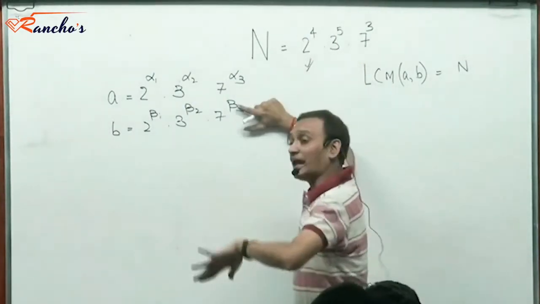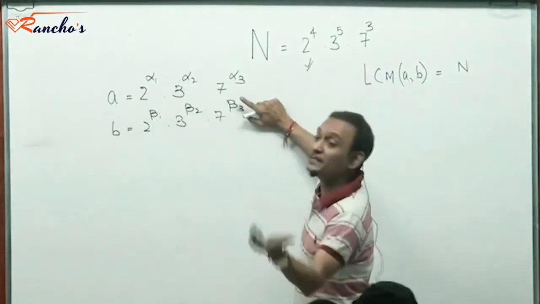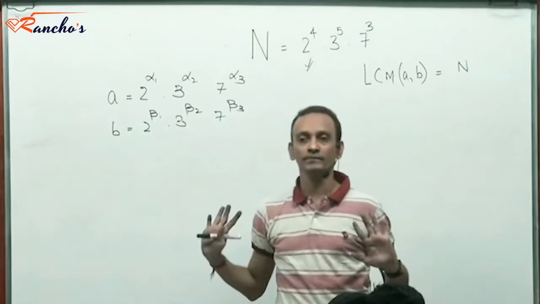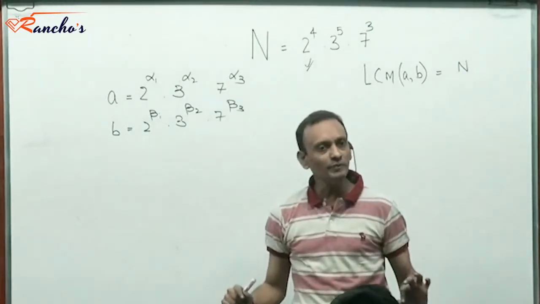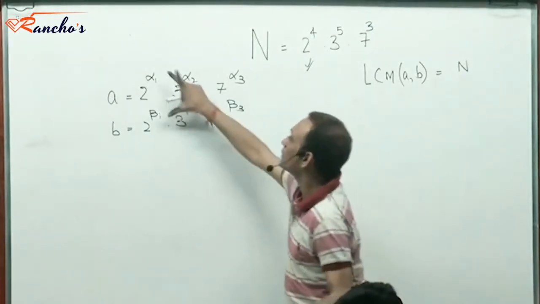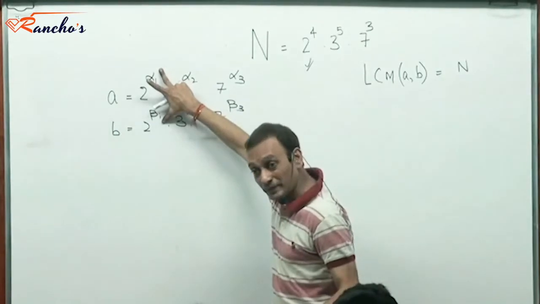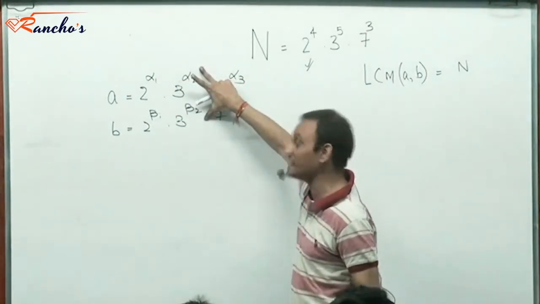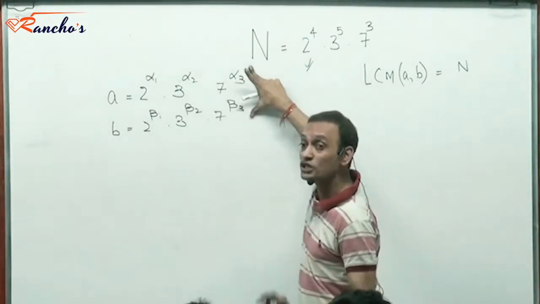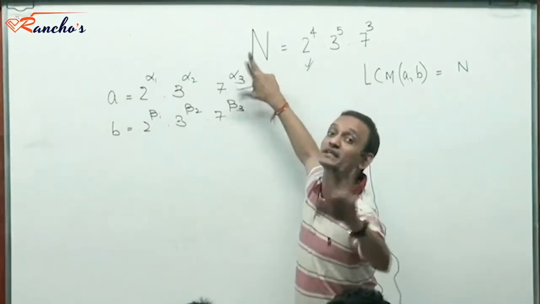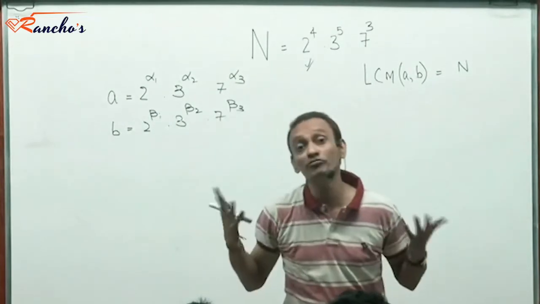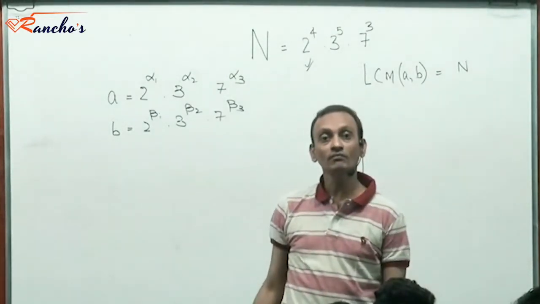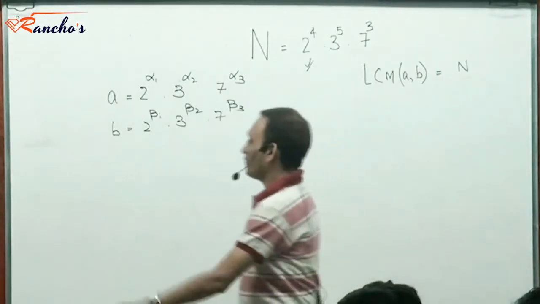And then selecting alpha 3, beta 3 where one of them is 3 and the other one could be anywhere from 0 to 3. It is about finding the number of ways in which alpha 1, beta 1, alpha 2, beta 2 and alpha 3, beta 3 can be selected, which gives the number of ordered pairs A, B. Yes or no? Yes, sir.